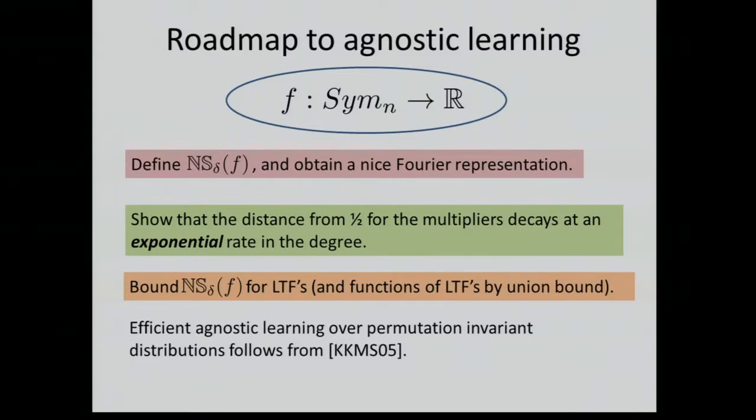We'll show that the property that we need, that the distance from 1/2 of these multipliers here in the expression we get, decay exponentially, and this is sort of why we get low degree approximators. It's not too hard to show this, but I'm sweeping this under the rug for now. And then we'll also bound the noise sensitivity for LTF specifically here, which will follow for functions of LTFs in this more general.